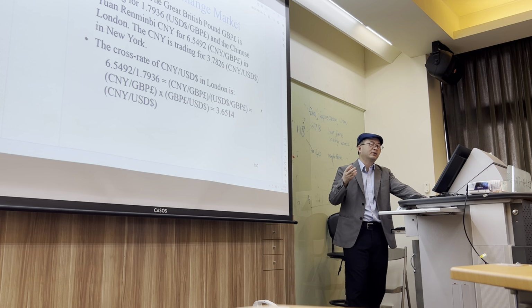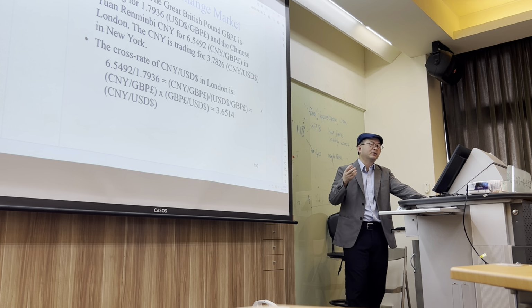We take the China yuan to the British pound and divide it by the USD to the British pound to arrive at that number, which represents the number of units per 1 unit of USD. Given the cross rate is about 3.6514 and the table rate in New York is about 3.7826, it's clear we see the price difference, and the number is quite big.